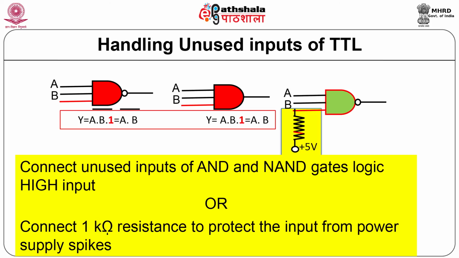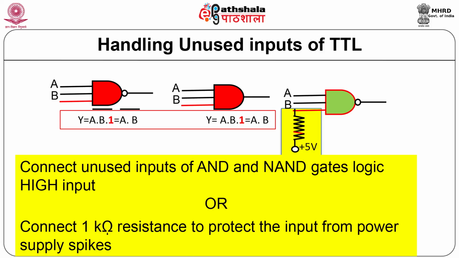So Y is equal to (A dot B dot 1) bar, that is equal to (A dot B) bar. In case of an AND gate, this unused input is treated as logic 1. So the Boolean expression for that is Y is equal to A dot B.